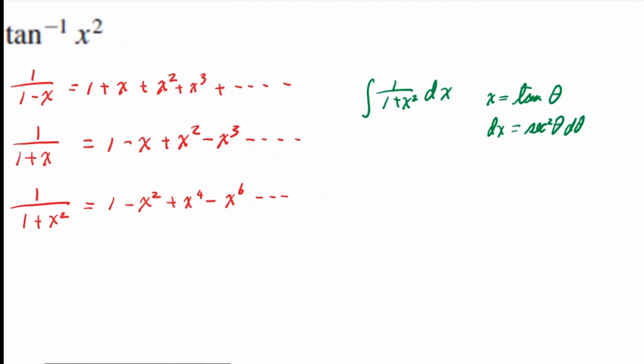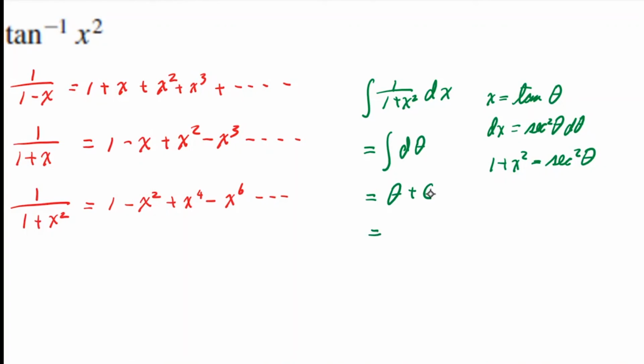And more importantly, 1 plus x squared becomes 1 plus tangent squared, which is still secant squared theta. Good? So this integral becomes this thingy over this thingy, d theta. That's a very nice integral, which is theta plus c.